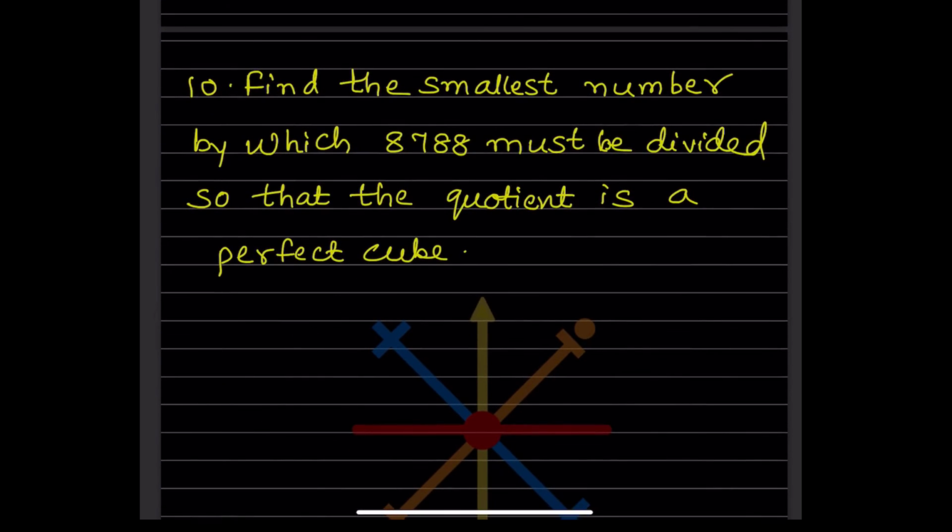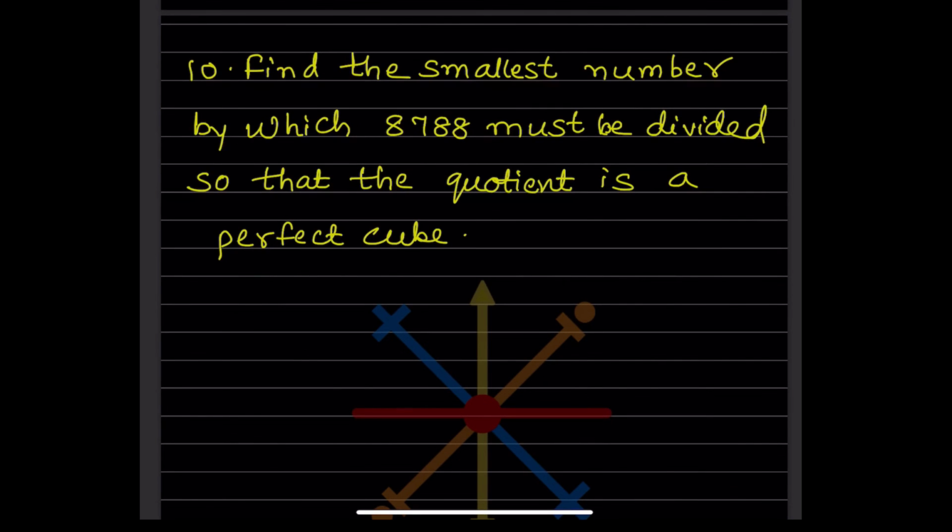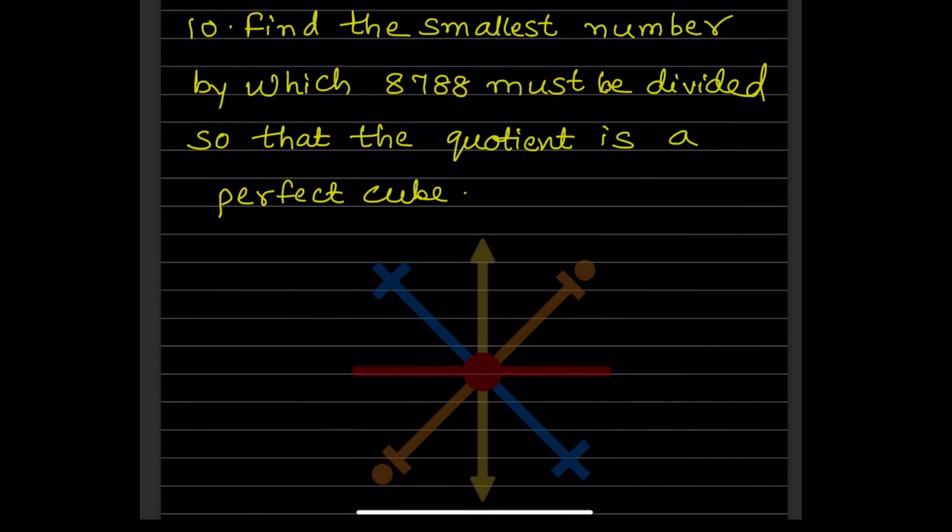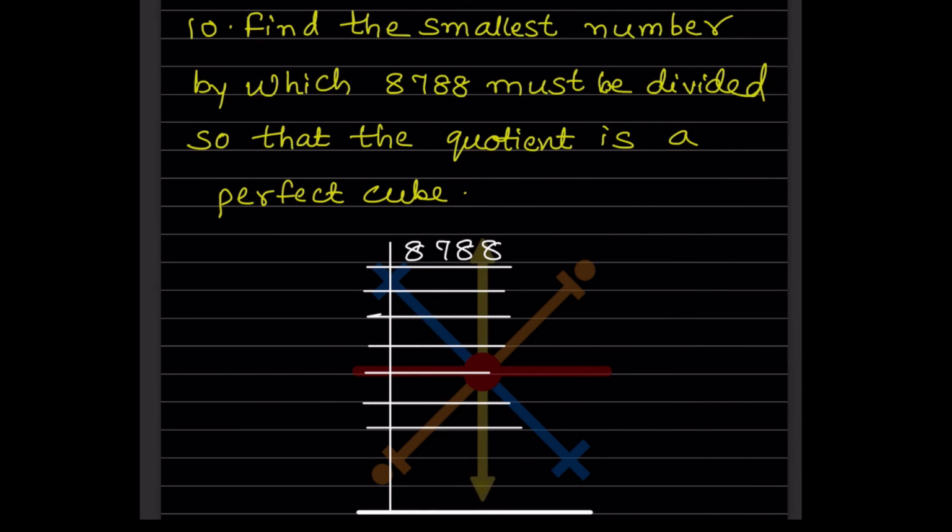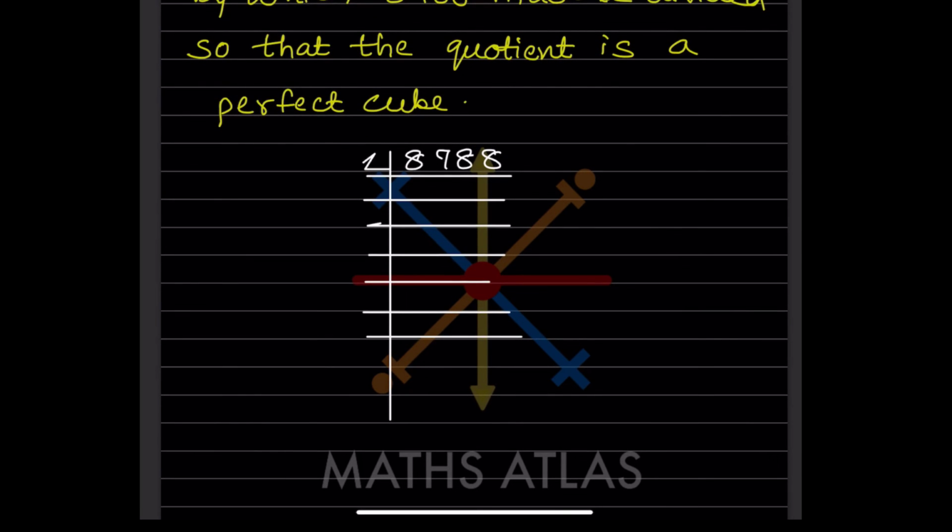So the next one, find the smallest number by which 8788 must be divided so that the quotient is a perfect cube. So now let us see for this one. Again, we will take 8788. So this is going to be 2 times, again this will go with 2.